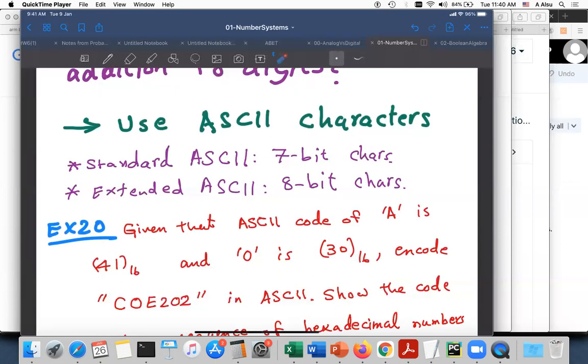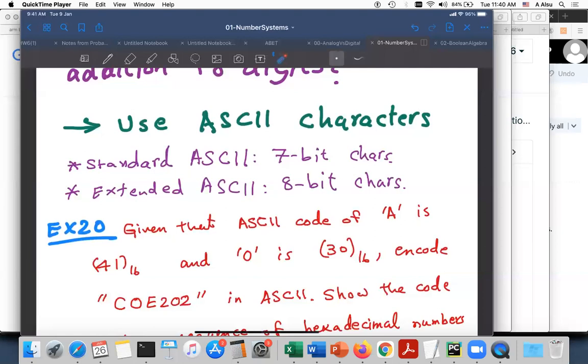If you use standard ASCII, then every hexadecimal code is assumed to be 7-bit. If we use extended ASCII, then every hexadecimal code is assumed to be 8-bit.